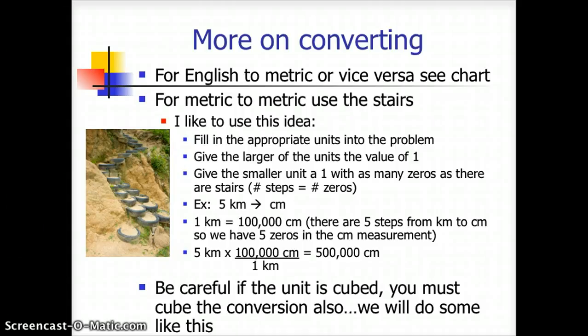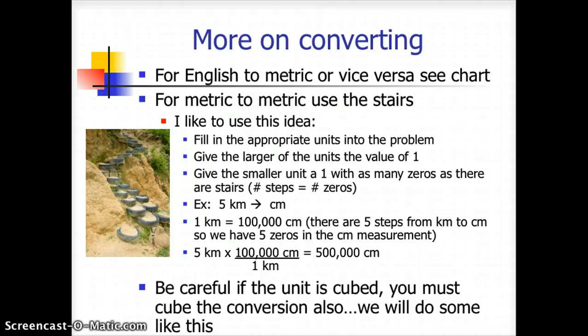I see kilometers are higher up on the stairs, so I give that a 1. Then as I count from kilometers to centimeters, I count 5 stairs, so that means I will have 5 zeros. So 1 kilometer is equal to 100,000, or 1 and 5 zeros, centimeters.